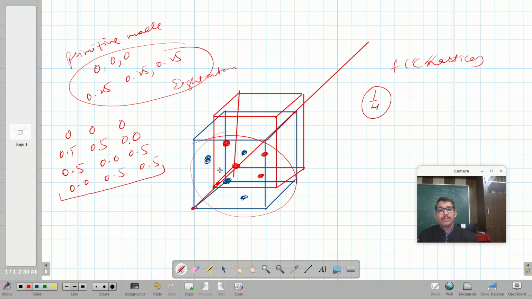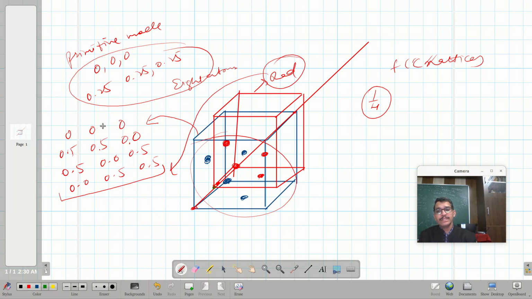Then these are the atoms in the blue colored box, and in the red colored box every atom is displaced by 0.25.